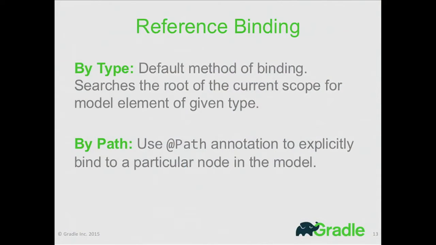If for any reason that's ambiguous, or if I want some nested object deep in the hierarchy of my model, I can bind things by path. I can say, no, I want organizations, Gradle, people, Mark. That's the person I want, this particular one. And then you can reference it by the model path, very similar to how we do any other kind of Groovy object reference.